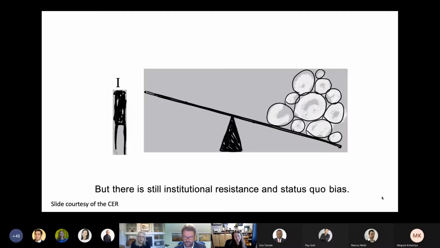The interesting thing to me is that the resistance is not about whether you should have it or not, it's about who's going to get it, or who's going to be first, so it changes the type of resistance and the type of control. But I think ultimately, once you go down that road, there isn't a way back.